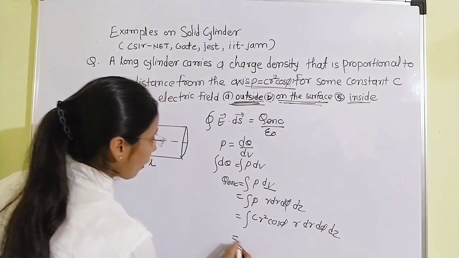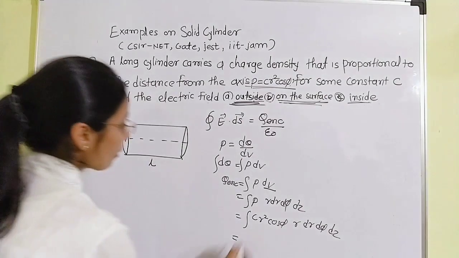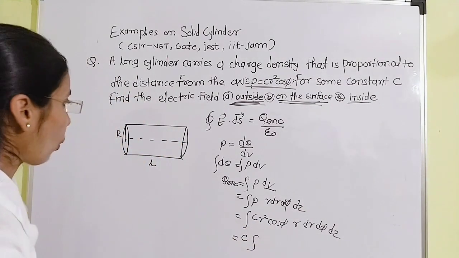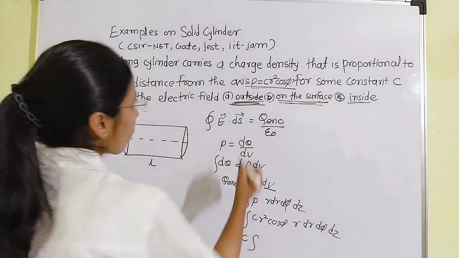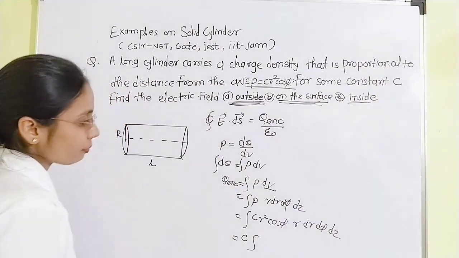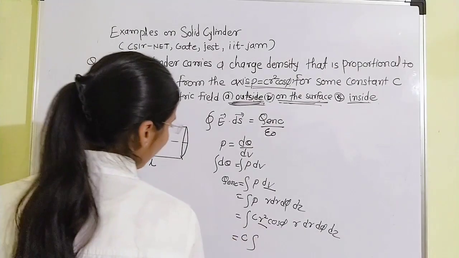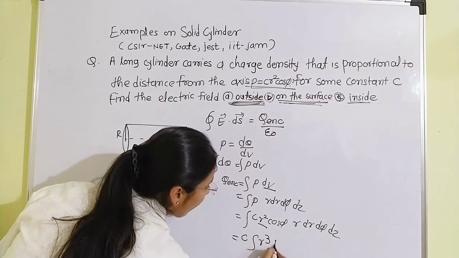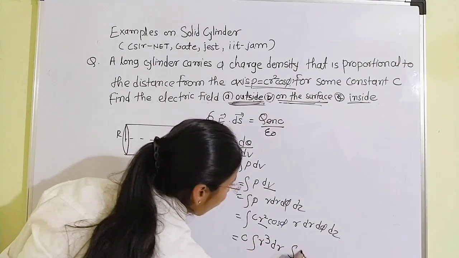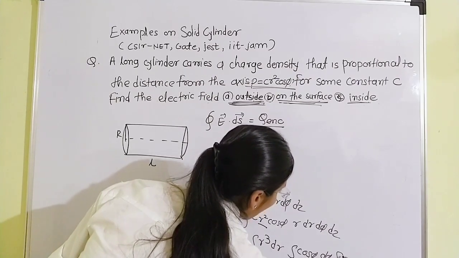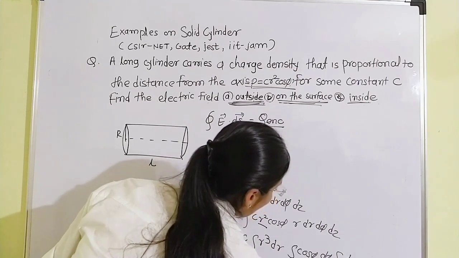So here we separate this. C is constant, so it is outside, and we have to take the limits outside. Okay. So we have r into r, that is r cube dr, integration cos phi d phi and integration dz.